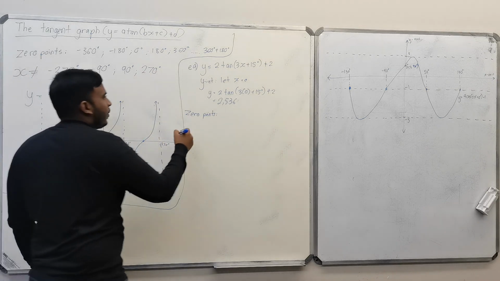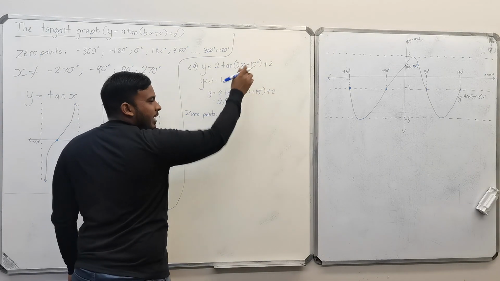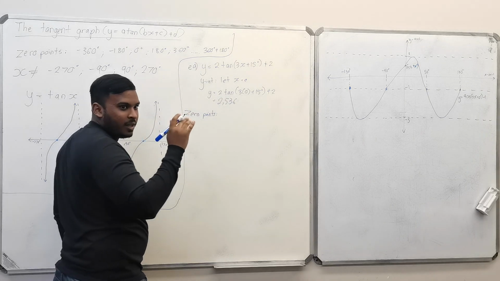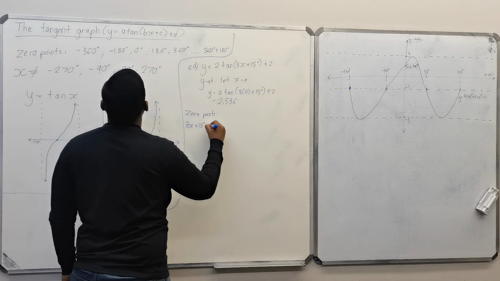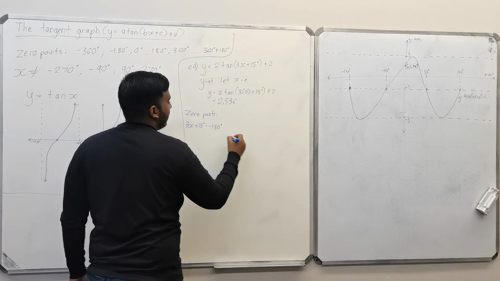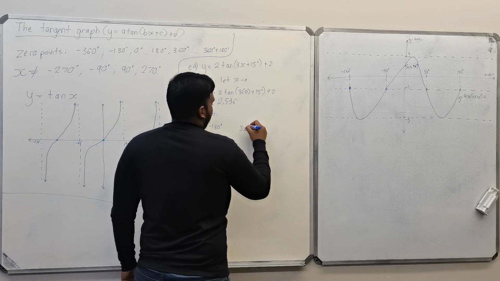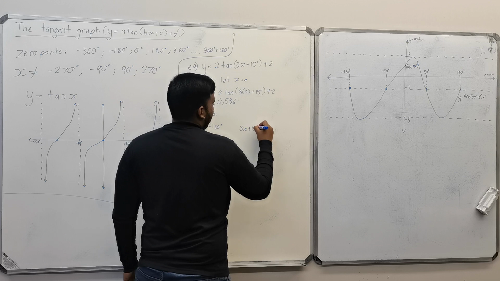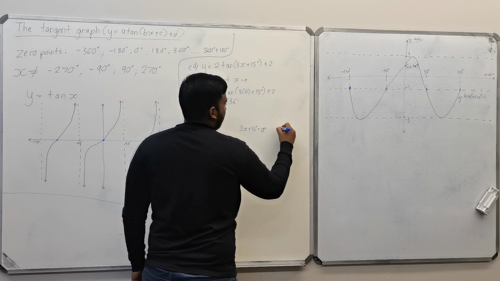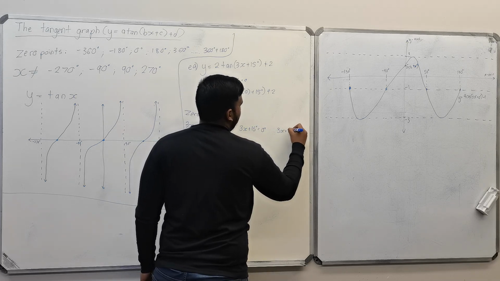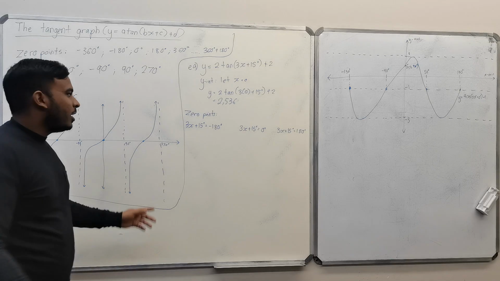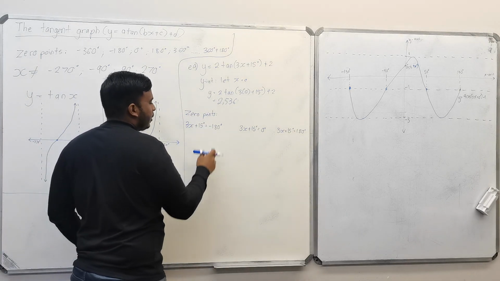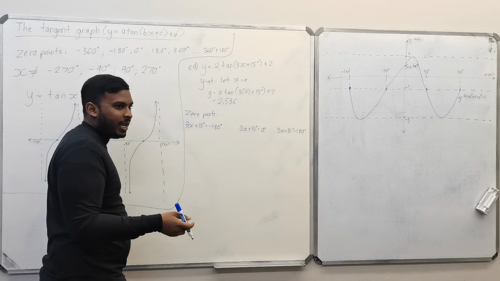So for your 0 points, you're going to end up with 3x plus 15. Understand that? Yes. So it's going to be 3x plus 15 degrees equal to negative 180 degrees, 3x plus 15 is equal to 0, 3x plus 15 is equal to 180. You could have done it further if you wanted to. So take your 15 across, you're going to end up with negative 195.